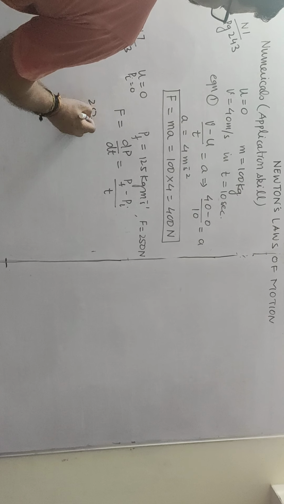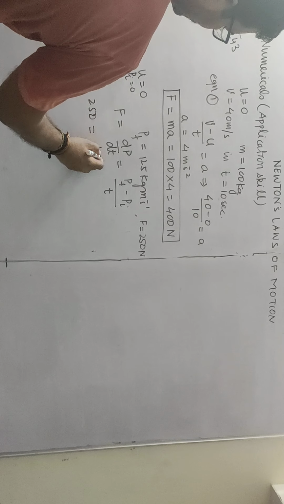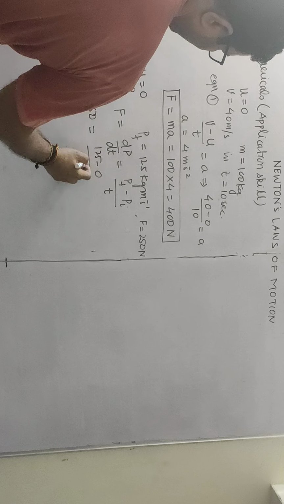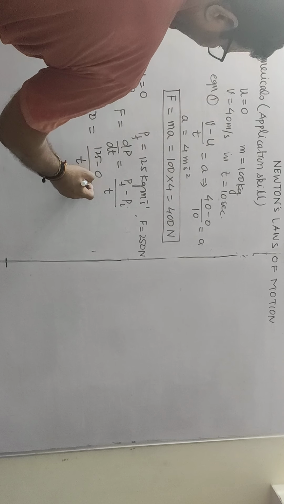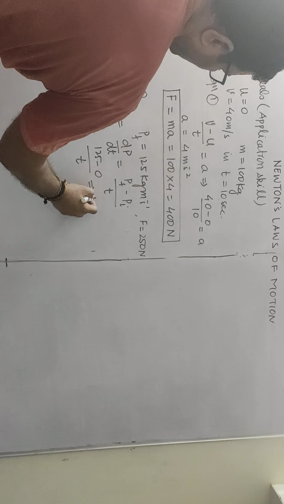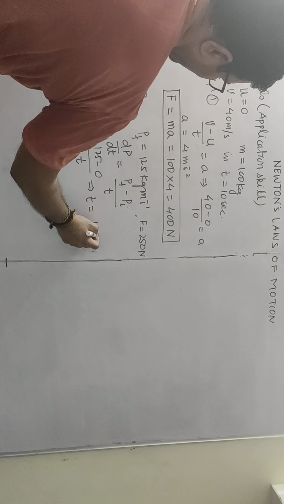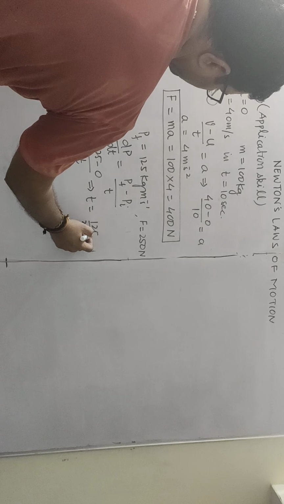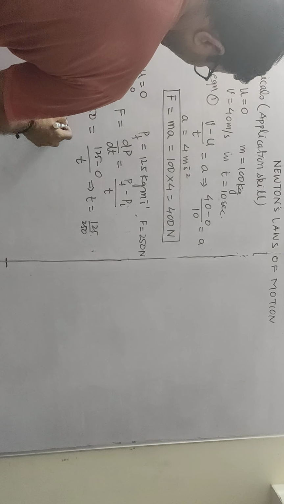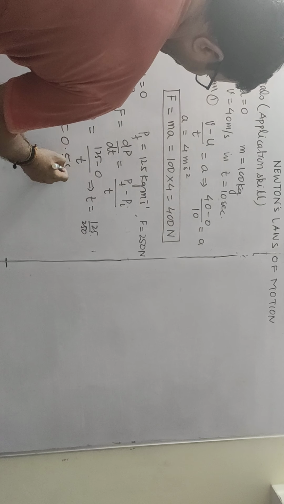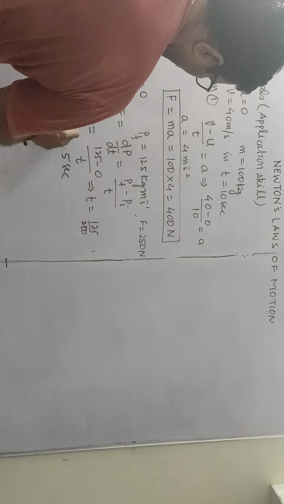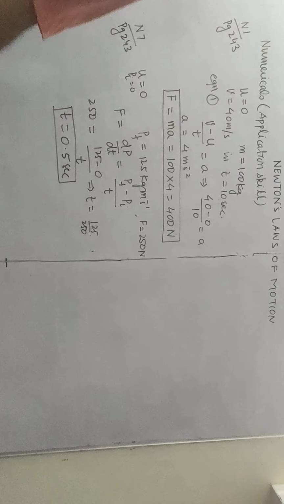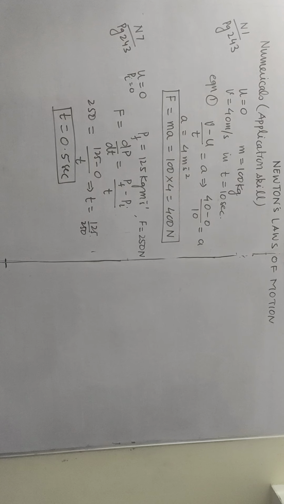F is 250, Pf is 125 minus 0 by t. So this implies that t is equals to 125 by 250. So t is found to be 0.5 seconds. So in this time it will gain this much momentum, and force acts only for this much time.